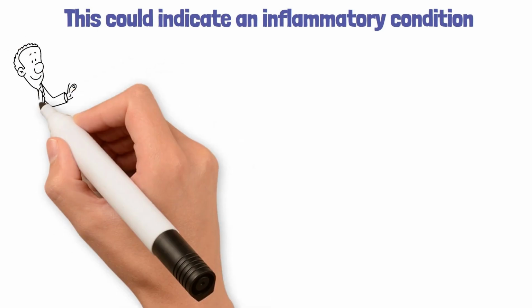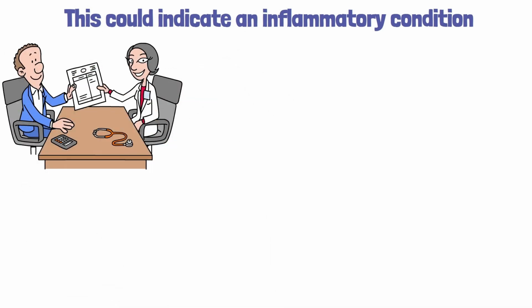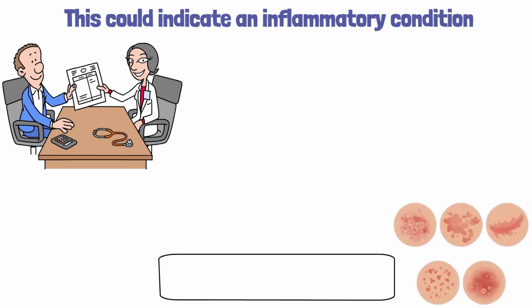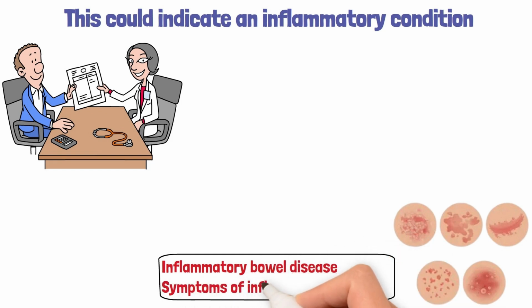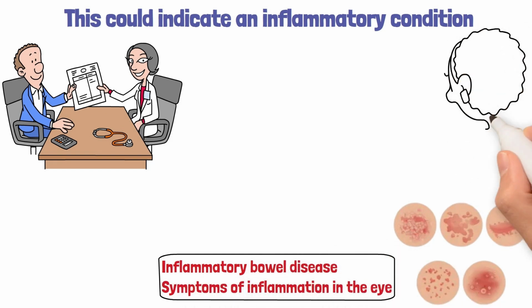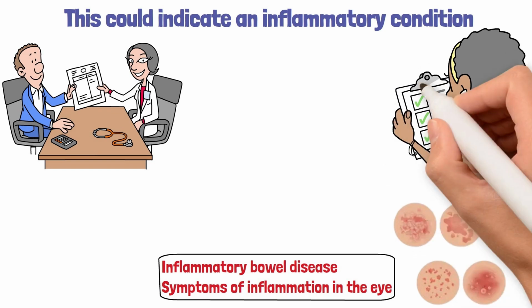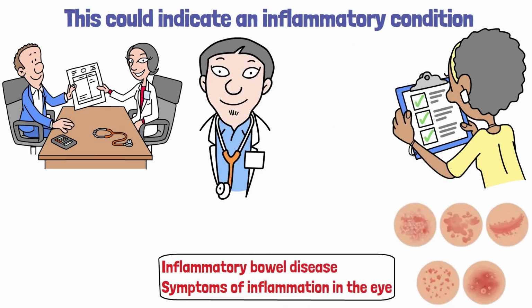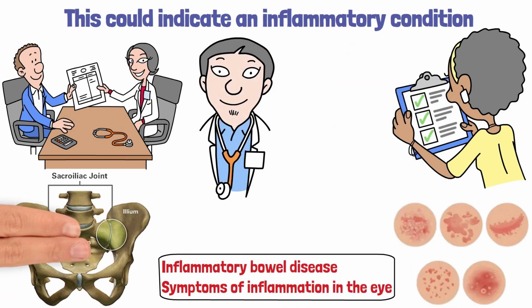During the medical consultation, doctors will ask about related conditions like psoriasis, inflammatory bowel disease, or symptoms of inflammation in the eye, like iritis. To make a diagnosis, the doctor will then move on to a physical exam to look at the range of motion in the spine and check for tenderness in areas like the sacroiliac joints.